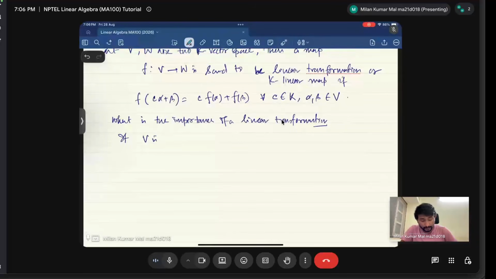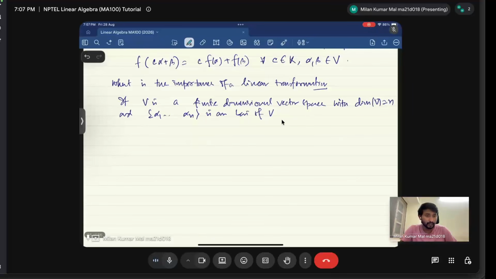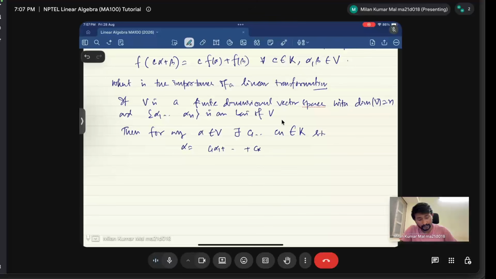if V is a finite dimensional vector space with dimension n, let's take alpha 1 all the way to alpha n as a basis of the vector space V. We have discussed what a basis of a vector space is: a linearly independent set which spans the space V. Then for any alpha belonging to V, there exist scalars c1, c2, up to cn, and they are unique in fact, coming from the field K, such that alpha can be written as c1 alpha 1 plus all the way to cn alpha n.